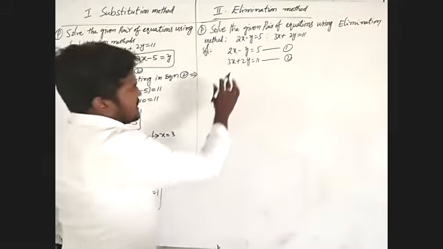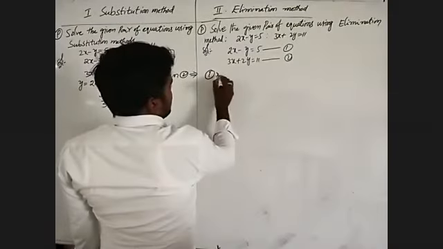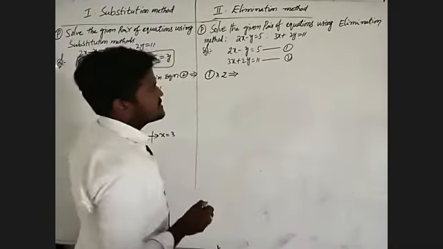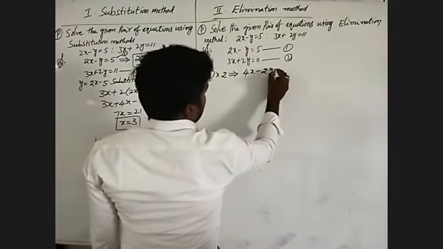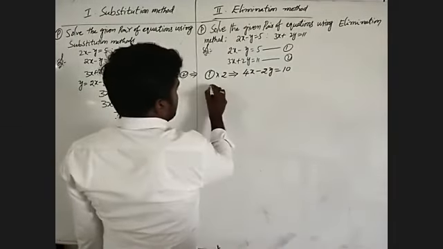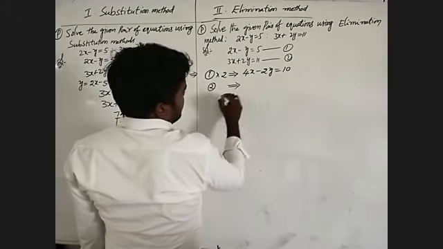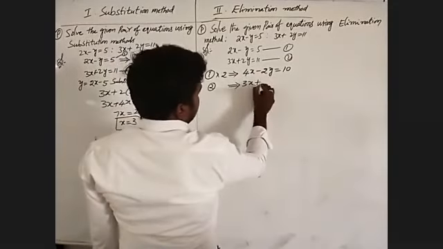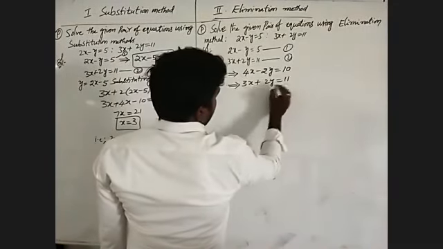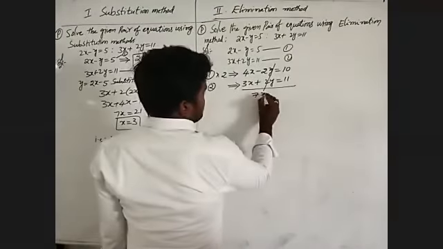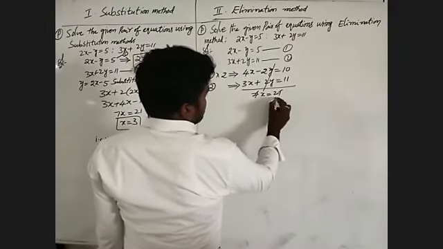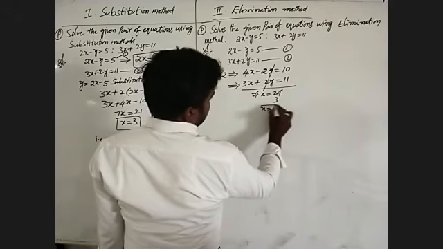That means equation 1 can be multiplied by 2. Then that implies 2 into 2x becomes 4x minus 2y equals 10. After that, equation number 2 is written as 3x plus 2y equals 11. That means plus and minus will be cancelled. 7x is equal to 21, so x is equal to 3.